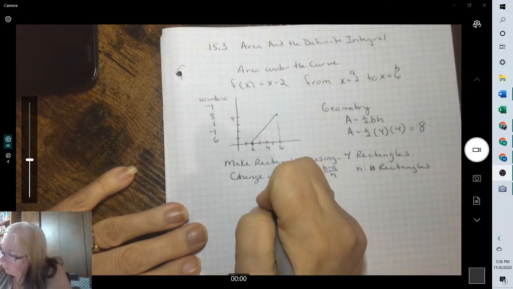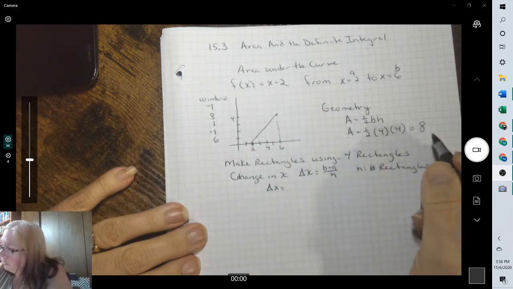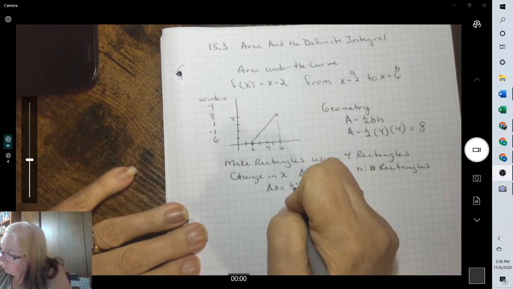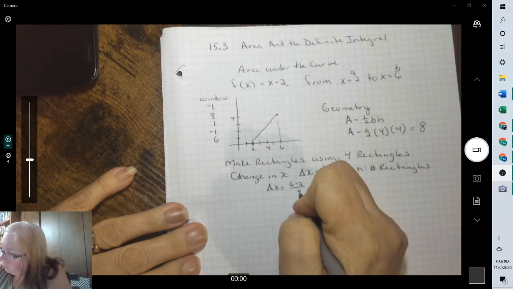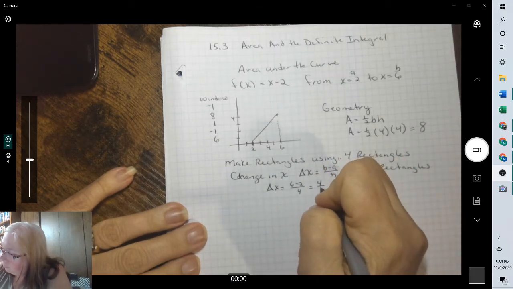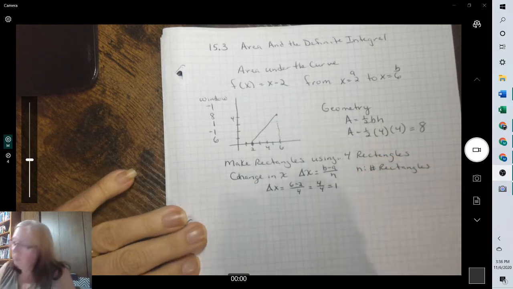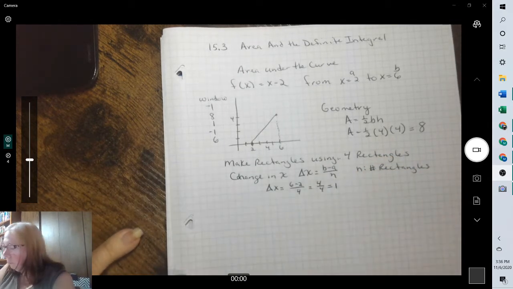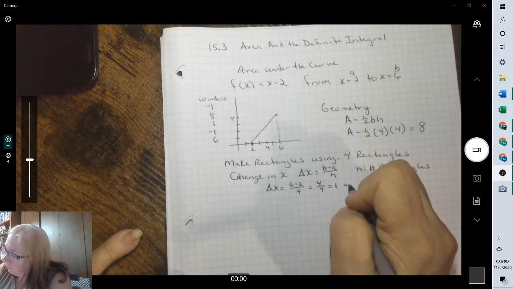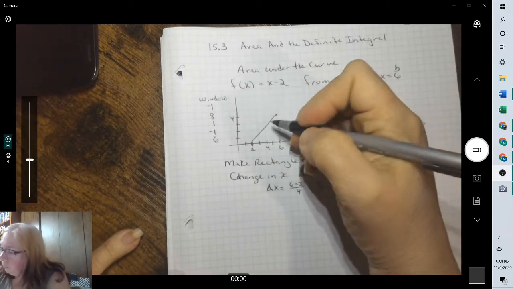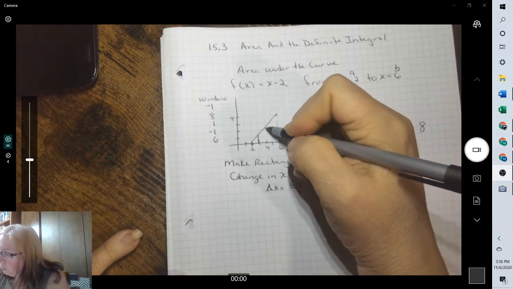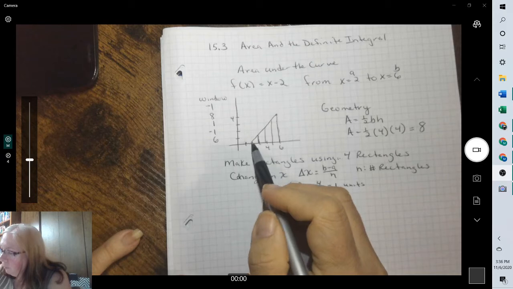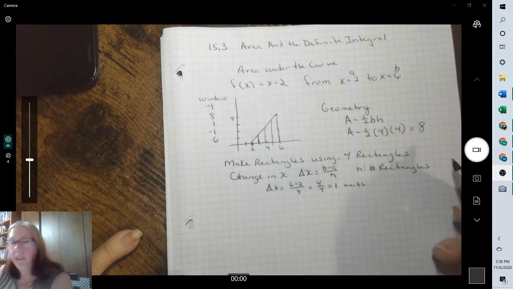So for this problem, change in x is 6 minus 2 over the number of rectangles, which is 4. So that means our units are counting by 1. That's what we're going by, is 1, making those 4 rectangles.